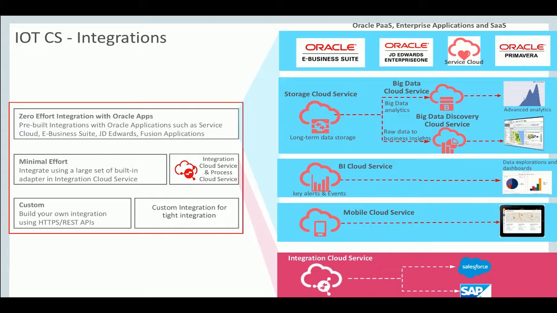For example, if you want to get connected to SAP or Salesforce, you can do that via our integration capabilities with ICS. And if you really want to customize everything, we provide appropriate REST APIs.